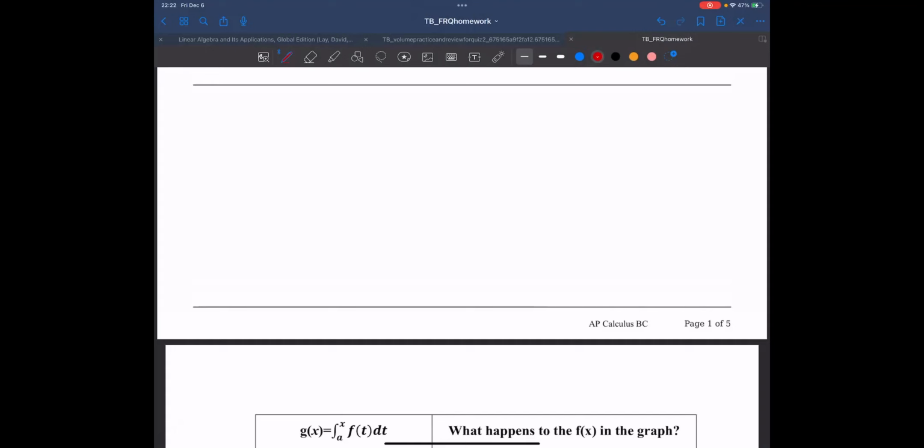You can see the fundamental theorem 1. The first one. Just write it down. The integration from a to b of f of x, we can write it as the definite integration F of b minus F of a.